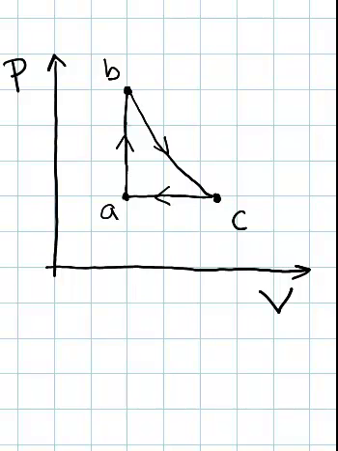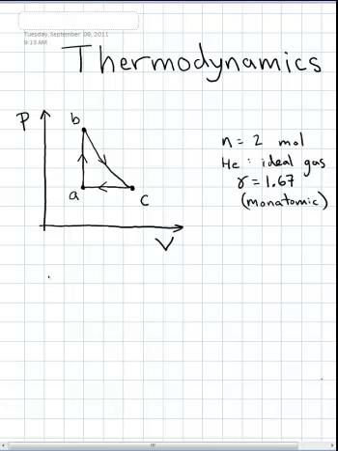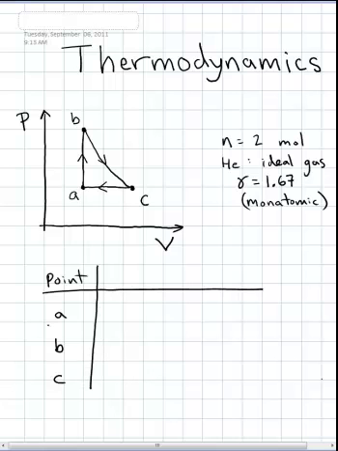I've labeled those endpoints, those conditions that we're moving from one to the next, A, B, and C. And the first thing I like to do is figure out what's happening at each one of those endpoints. So let me make a little table to kind of guide me here. So point A, B, and C. And what do I want to know?